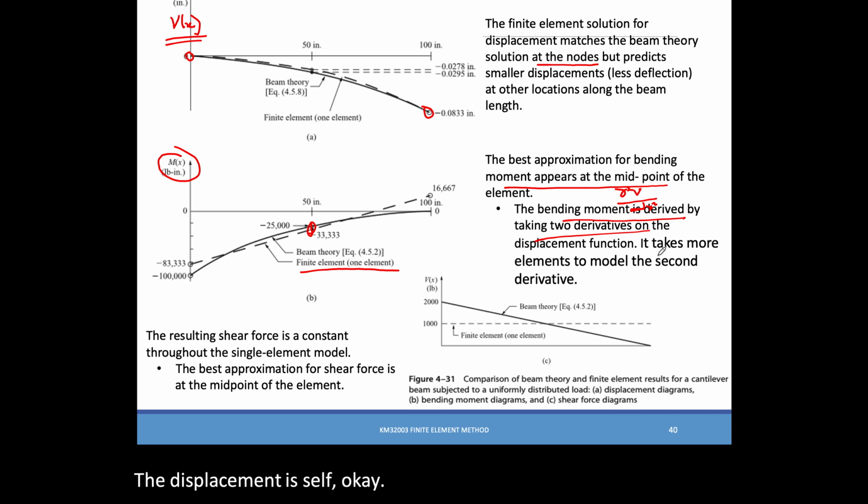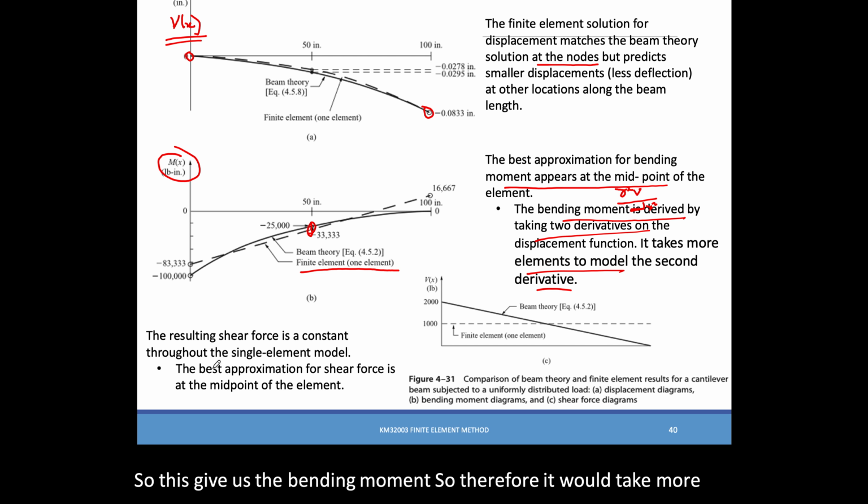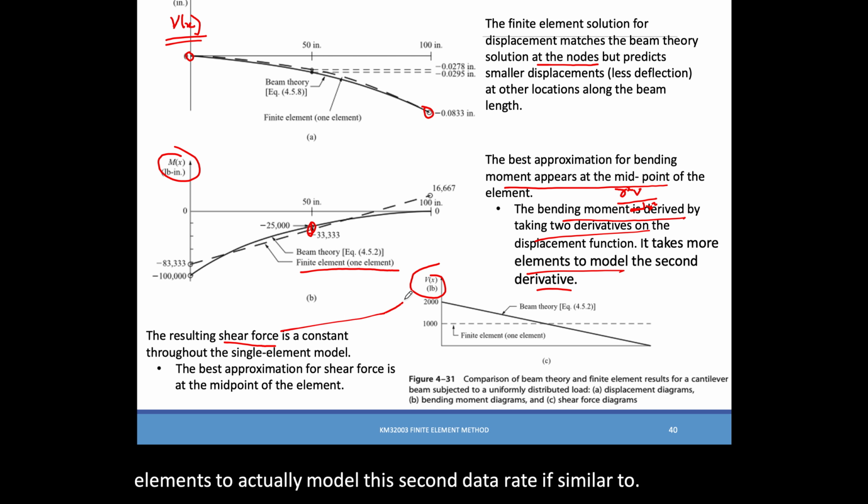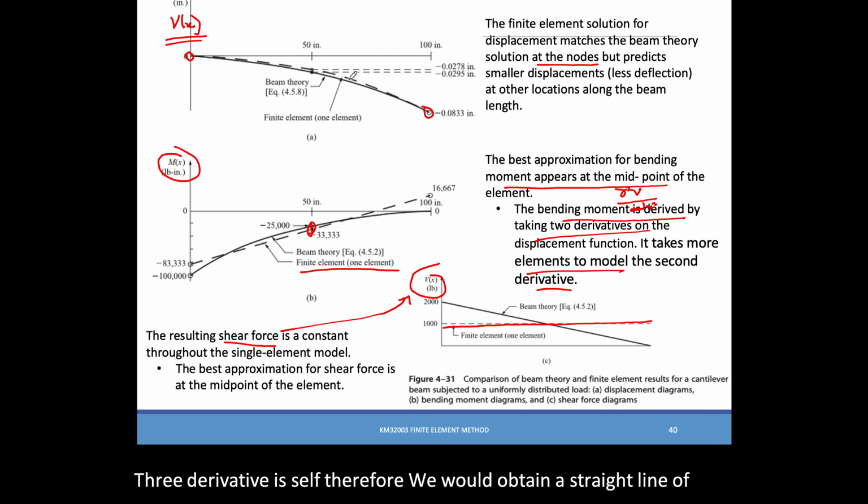So therefore it would take more elements to actually model this second derivative. Similar to the shear force, this shear force is a third derivative itself, therefore we would obtain a straight line, a constant line, from a curved line.